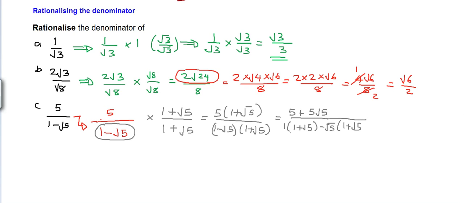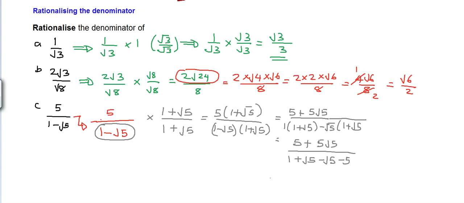So if we expand this, we'll still have 5 plus 5 root 5 at the top, over 1 times 1 is 1, plus 1 times root 5 is root 5, and then minus root 5 times 1 gives us minus root 5, and then minus root 5 times root 5 is minus 5.